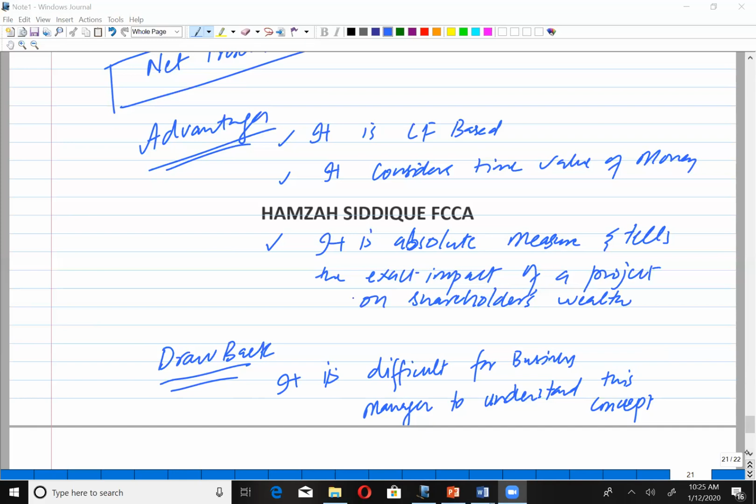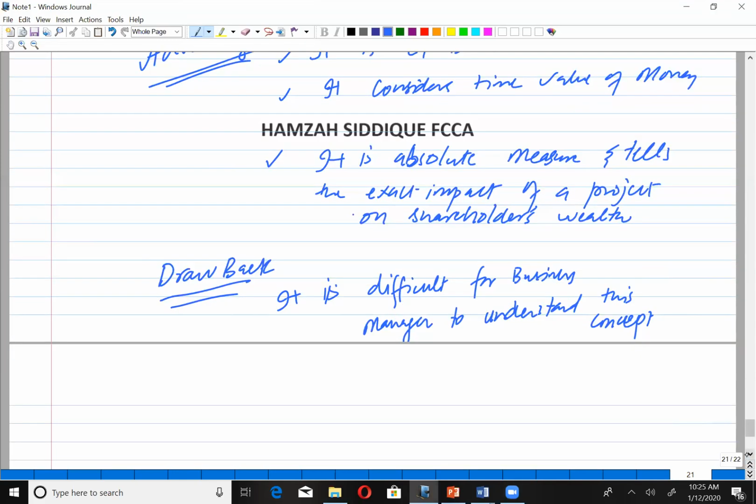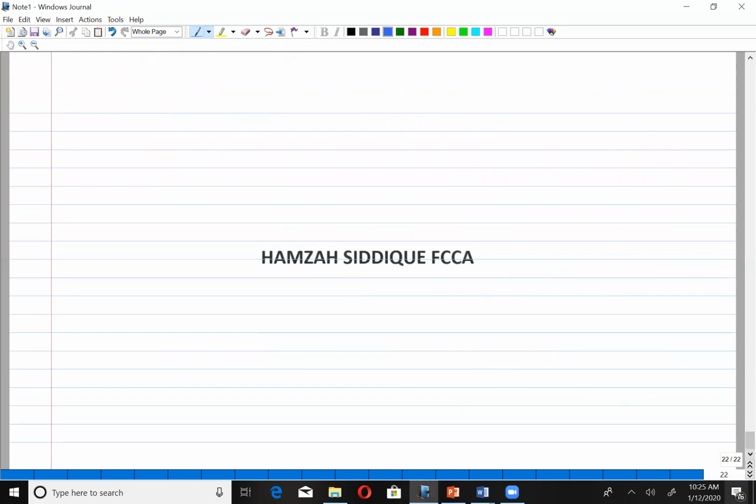Next. So next method of investment appraisal is IRR, internal rate of return.